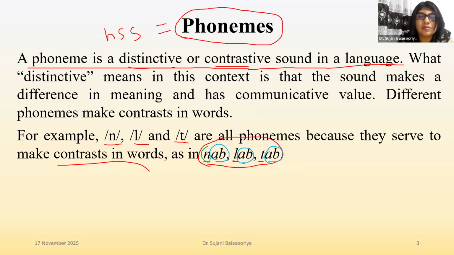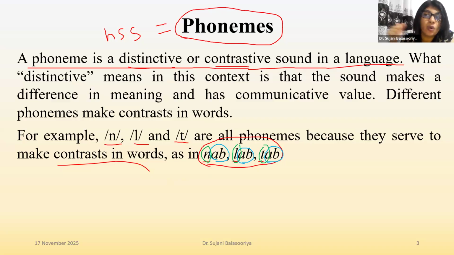This one, the initial sound. In the sense, if I want to express a meaning like nab, I have to use the na sound. But if I want to express a meaning related to lab, then I have to use the la sound. Then if I want to talk about a tab, I have to use the ta sound. Which means, what is the conclusion?